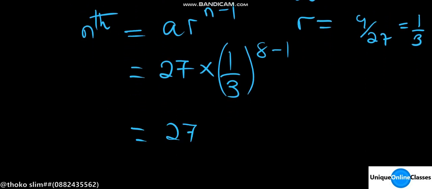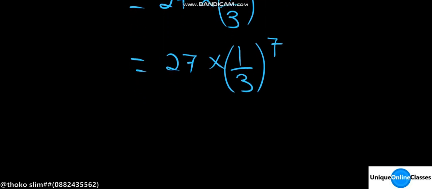Here we have 27 times 1 over 3 to the power 8 minus 1, that's 7. So here you have 27 times 1 over 3 to the power 7, which is 1 over 3 raised to the power 7.